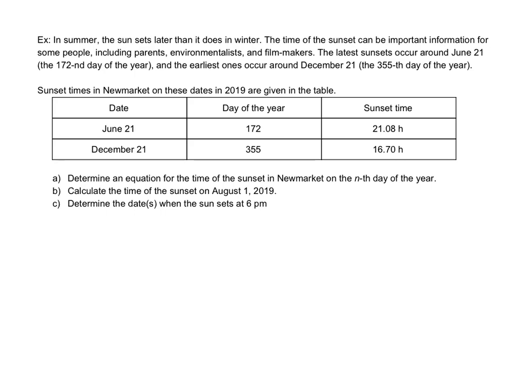So the sunset times in Newmarket on these dates in 2019 are given in the table. So we know that on the 172nd day, we have a maximum sunset time, and on the 355th day, we have a minimum.